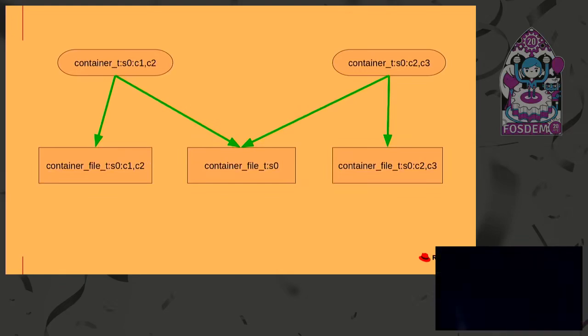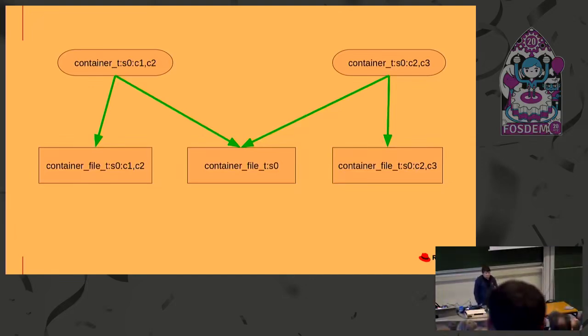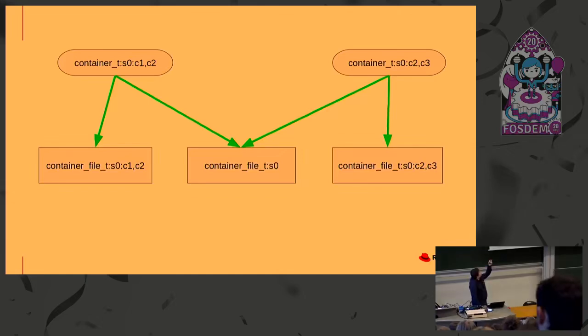In the middle, there are three files with the same SELinux type, which is container_file_t. And as we can see, the first container can access this file because C1 and C2 is a subset of C1 and C2.